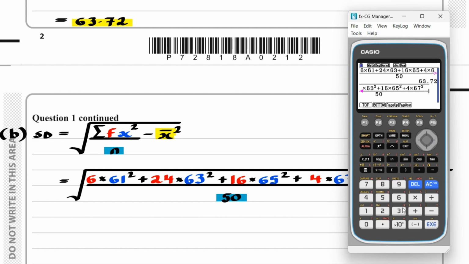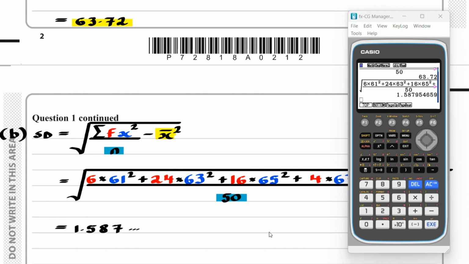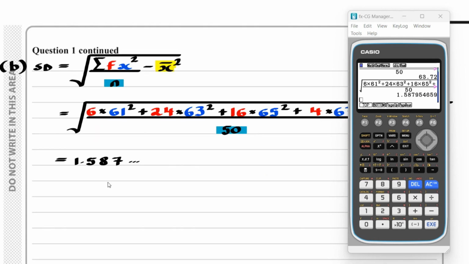Then we subtract from this 63.72 squared. Looking at what this is equal to, we get 1.587, etc. So to 3 significant figures, we have 1.59.